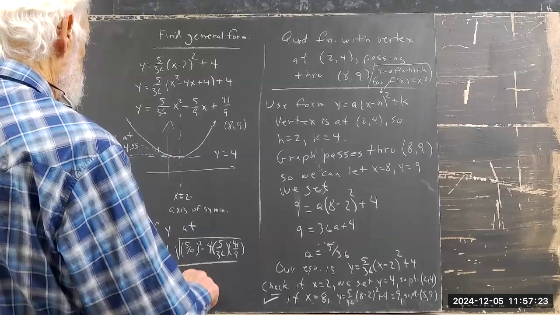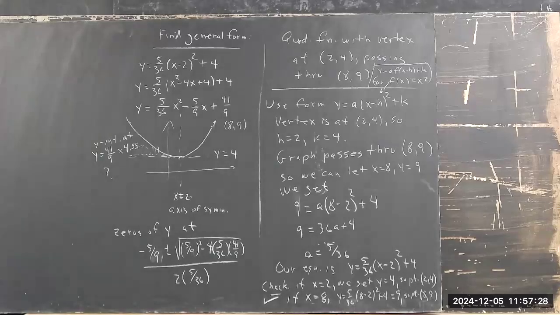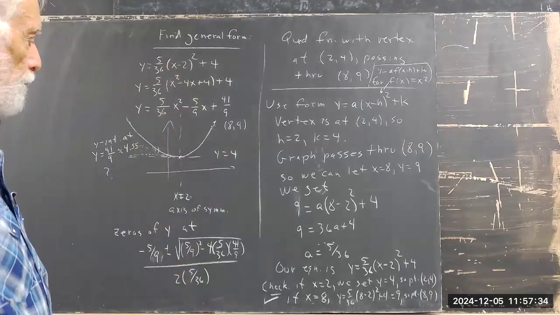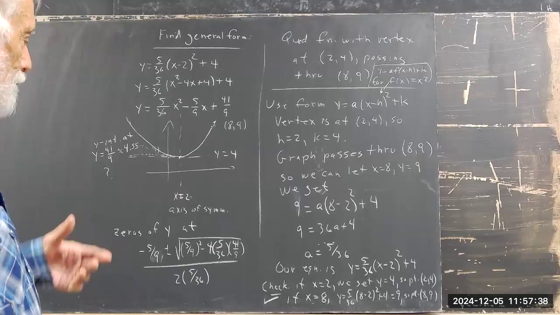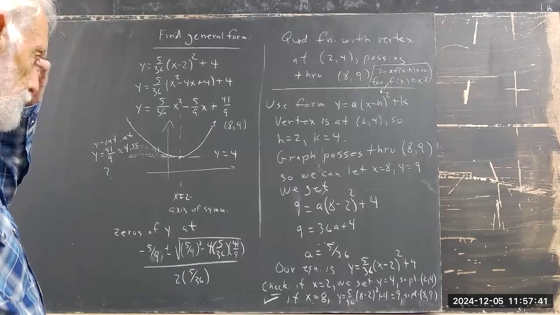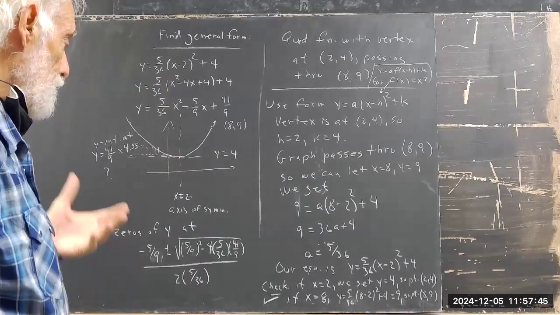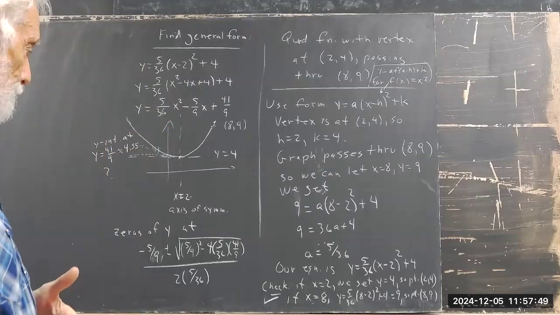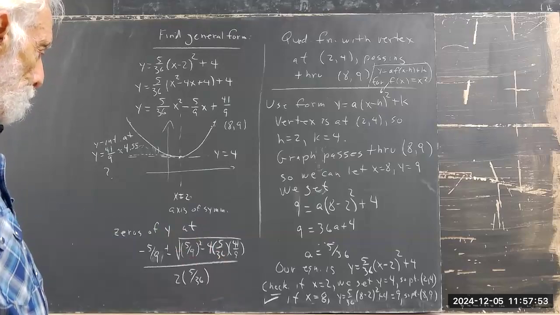Don't worry, we're not actually going to do all the arithmetic, but we're going to do some of it. That's 20 times 41, which is 820. 9 times 36 is 81 times 4, which is 324. So we have 820 over 324 there.